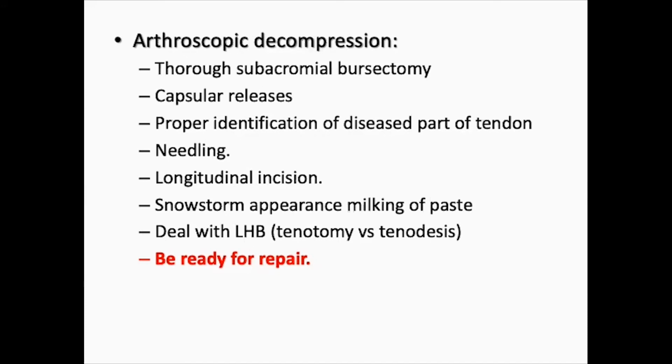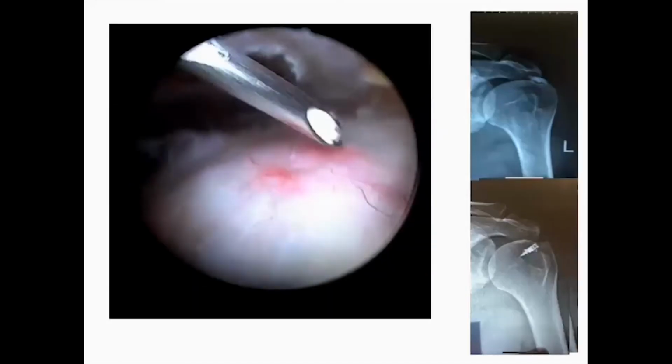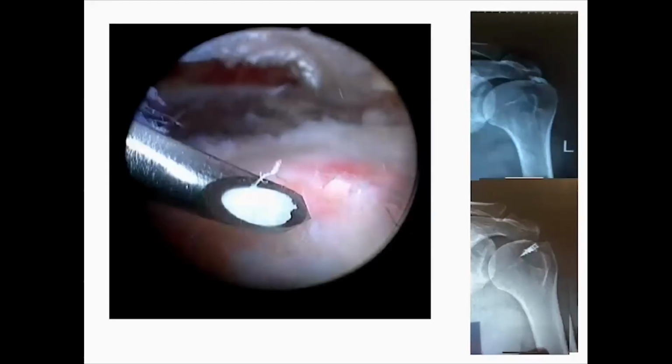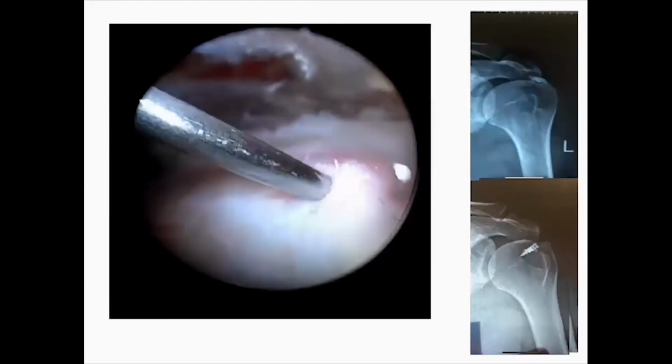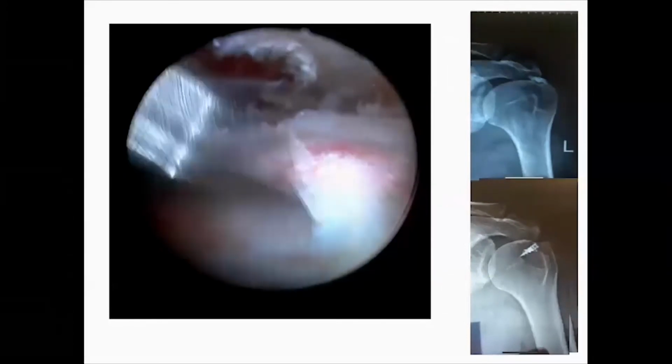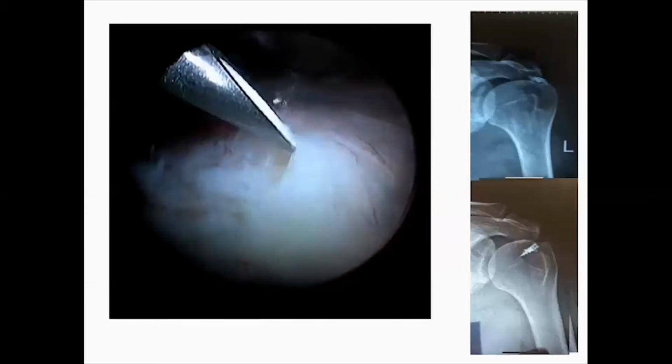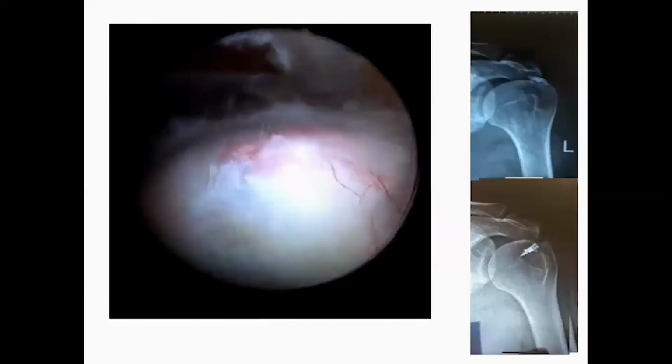This video shows the process of identifying the lesion followed by evacuation of the calcific deposits. Needling is done in the suspected area till calcium deposits are extruded. A longitudinal incision is done through the tendon.